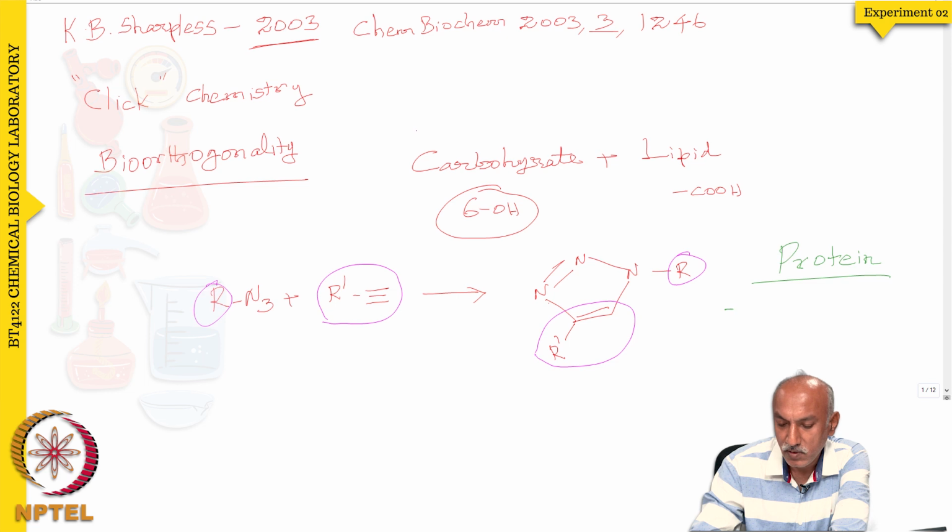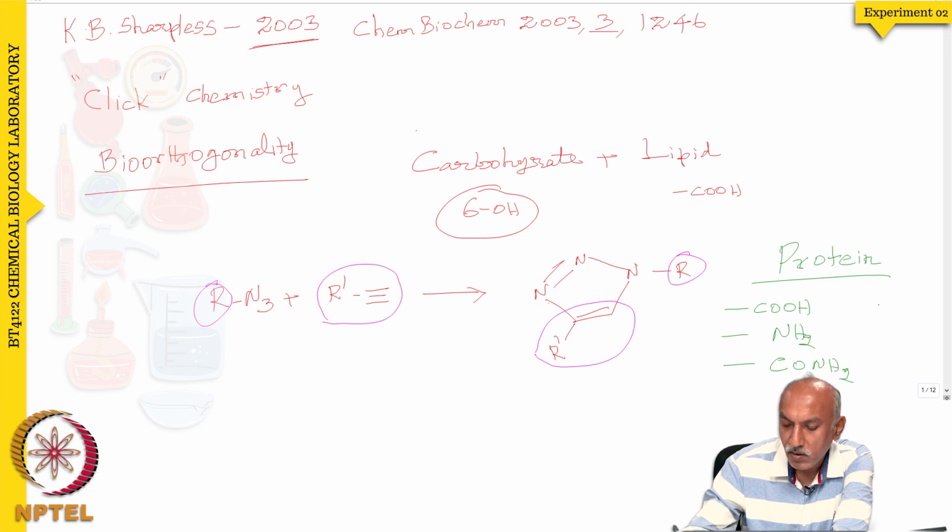It has a carboxyl group, an amine, an amide, a hydroxyl, a thiol, and the guanidinium group in arginine.